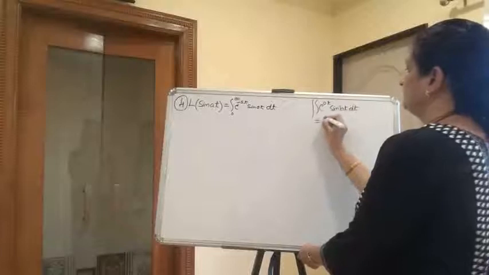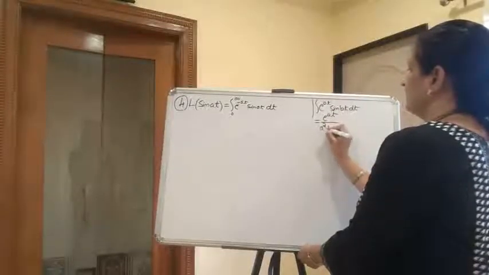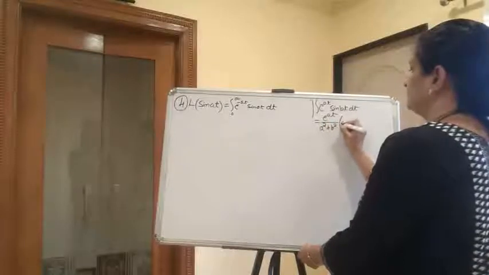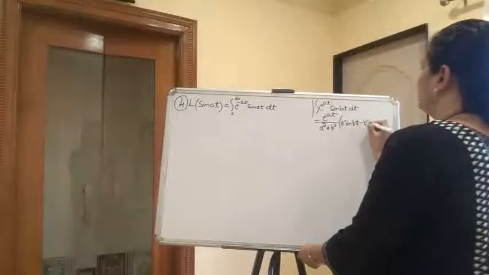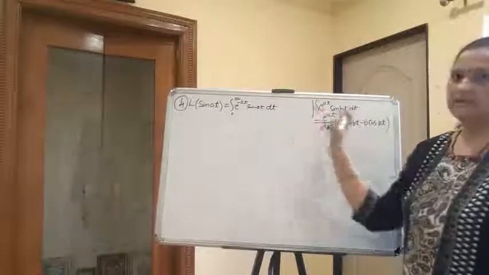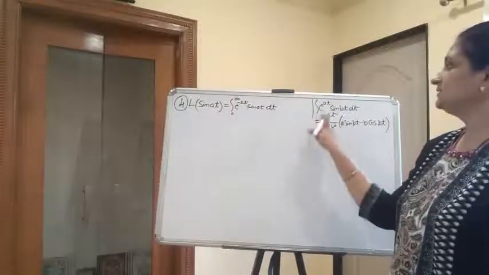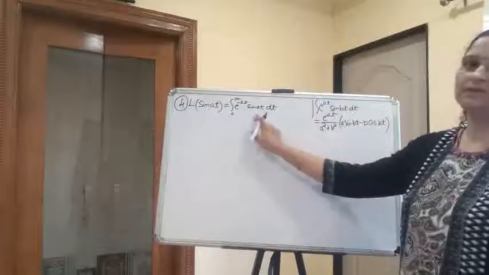The formula for integrating this is e power at by a square plus b square into a sin bt minus b cos bt. Comparing both the integrals, in place of a we have minus s and in place of b we have a.